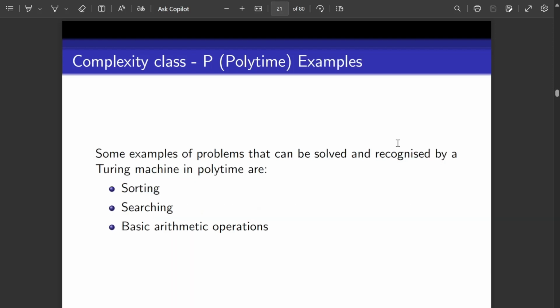I'm sorry if I sound a bit ill. It's because I am. A few problems that run in polytime are sorting, searching, and basic arithmetic operations. All of these things run in polytime.